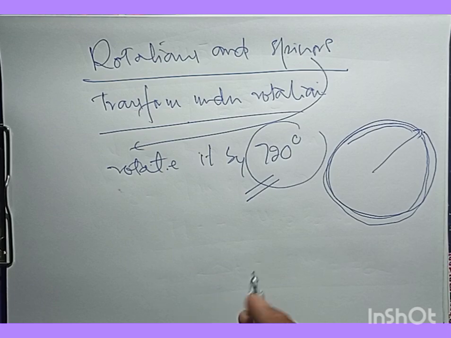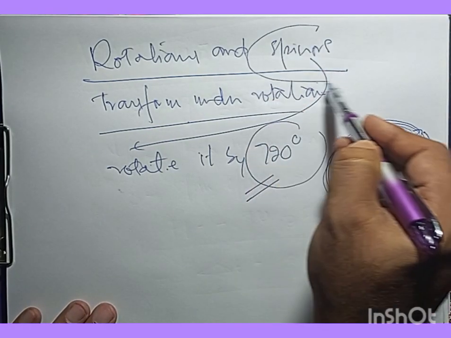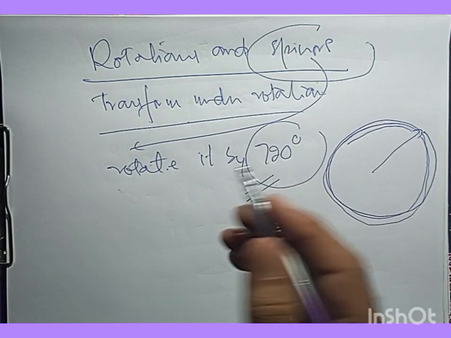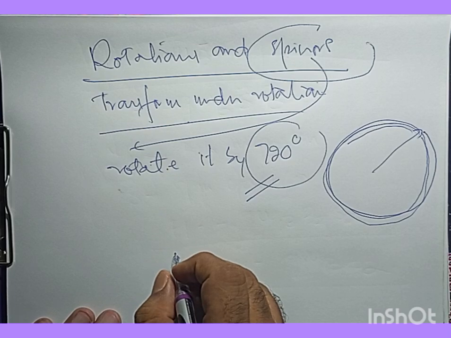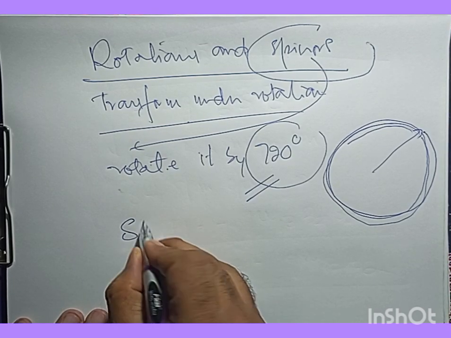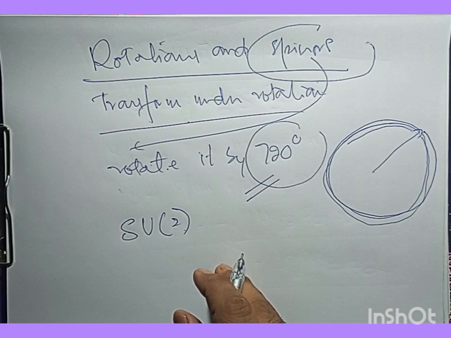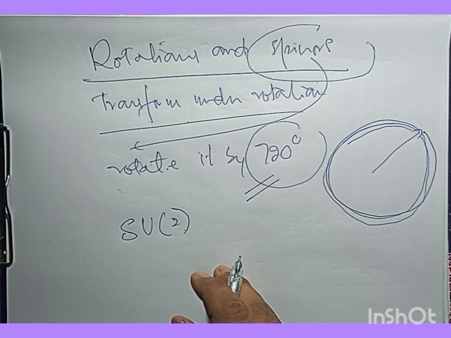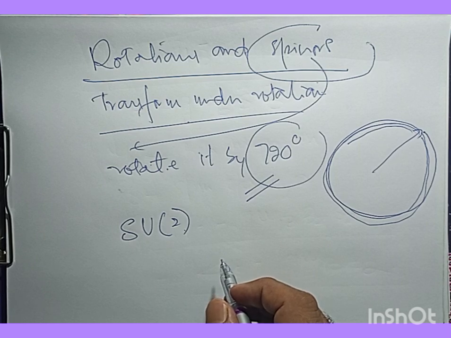Now, mathematically, these spinors transform under rotations according to the unitary representation of the rotation group, if we take the rotation group SU(2).